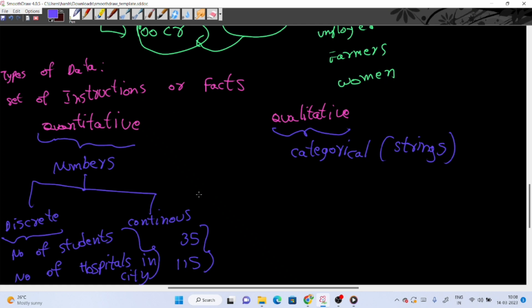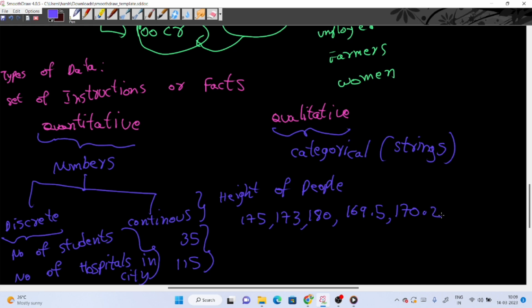But in continuous, it is not like that. The best example for continuous is heights of the boys, or heights of people, which may be like 175, 173, 180, or even 169.5, 170.2.